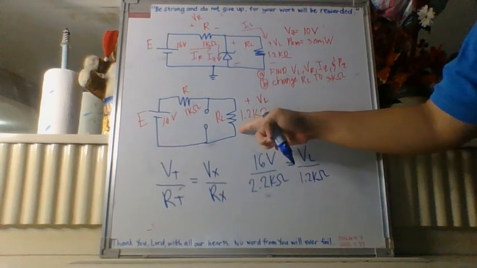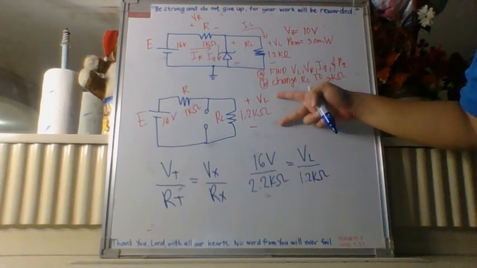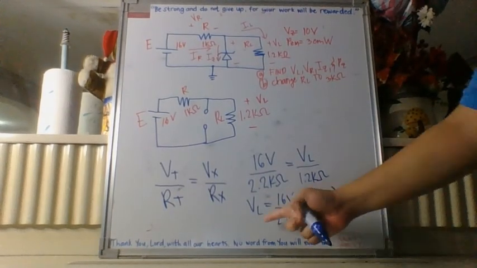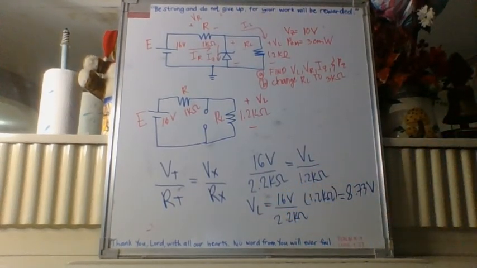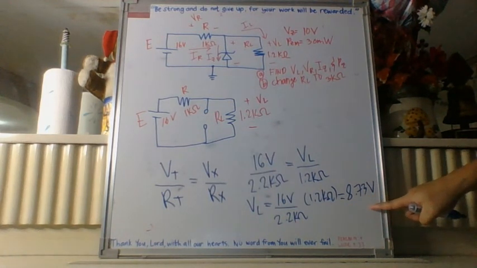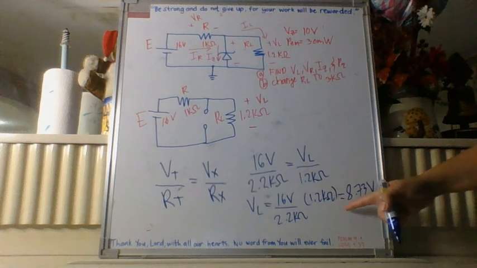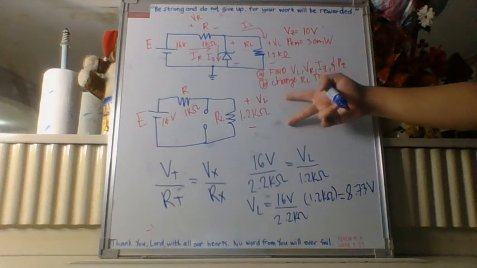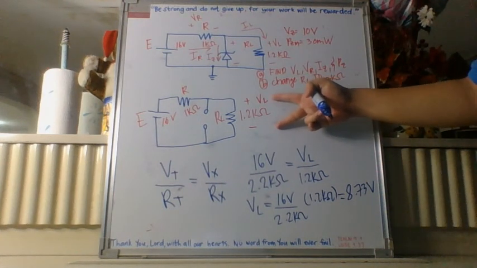Kasi yun yung resistor dun sa ating V sub L. Rearranging our equation to solve for V sub L, or the load voltage, magkakaroon tayo ngayon ng 8.73 volts. So I have rounded off the answer to 2 decimal places. Yung 8.73 volts na yan yung voltahe natin across the load resistor 1.2 kilo ohms.